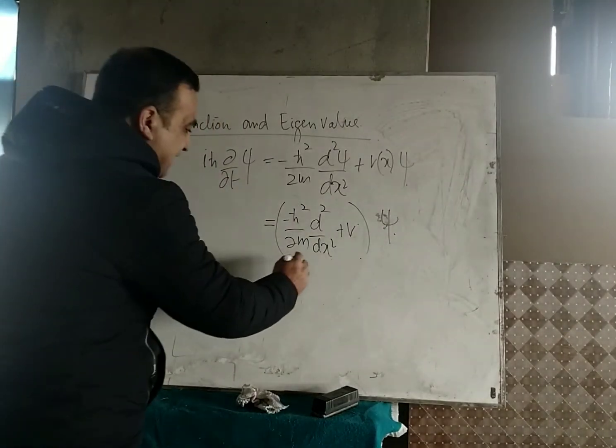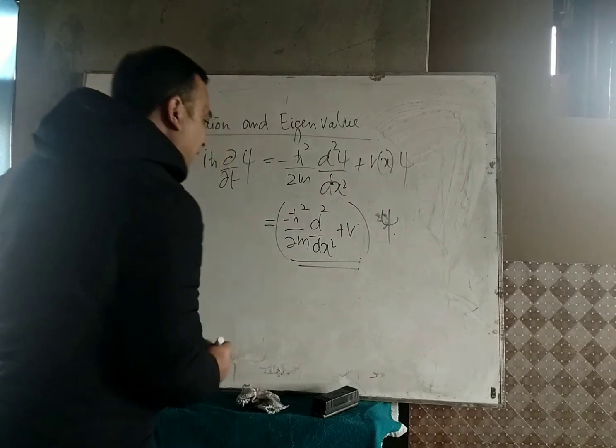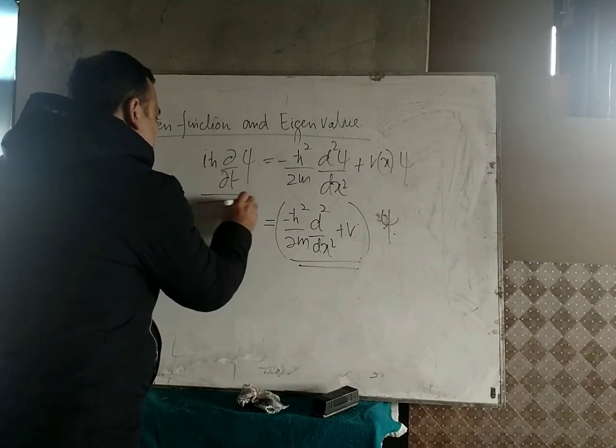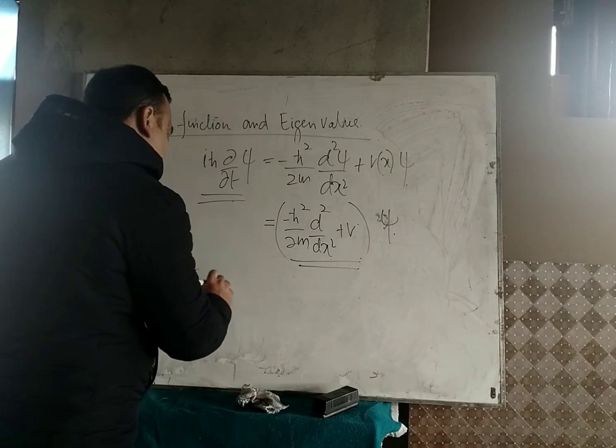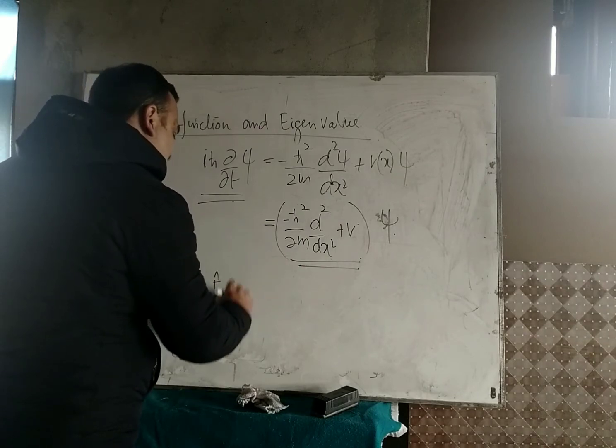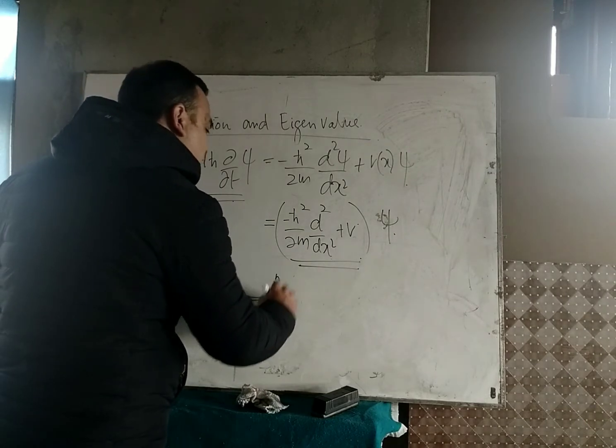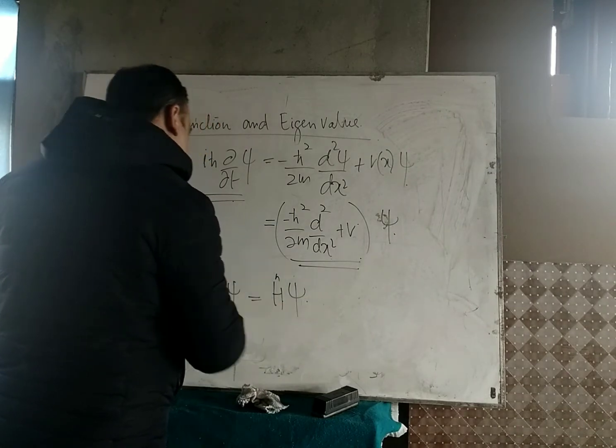So I can replace this whole thing by a Hamiltonian operator, and I can replace this back to the energy operator. E cap psi is H psi.